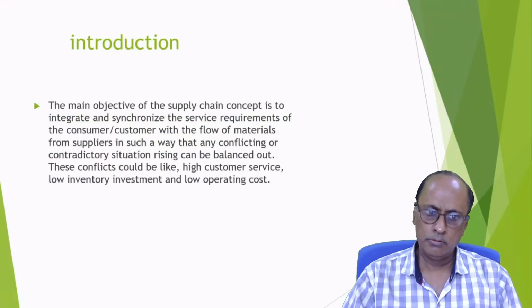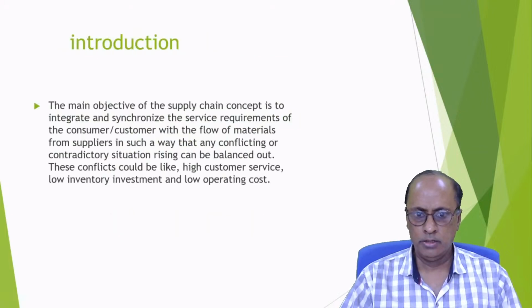Now, talking about the models, we find that in supply chain management there are a lot of conflicting concepts. Conflict may arise in contradictory situations. Suppose we want to have high customer service and low inventory investment. Those are contradictory situations.